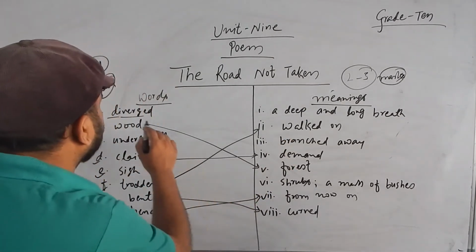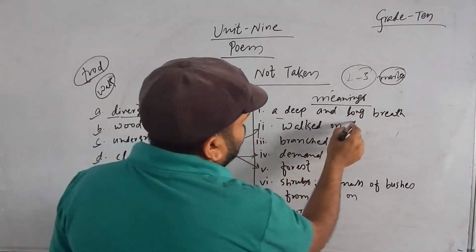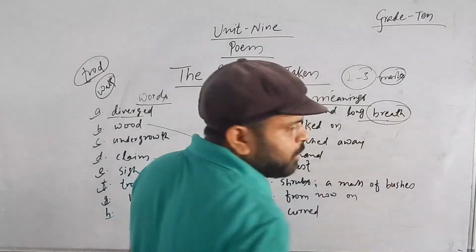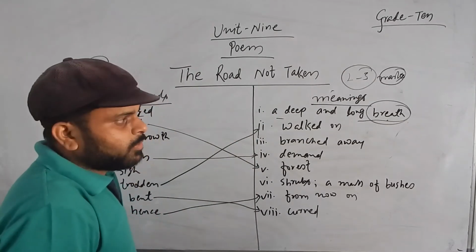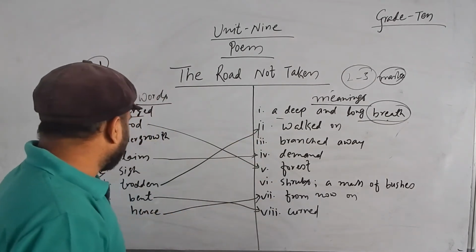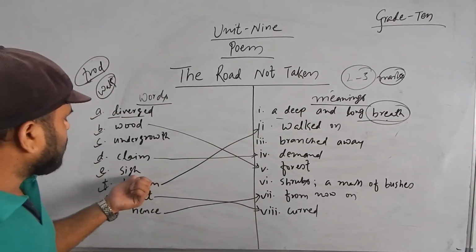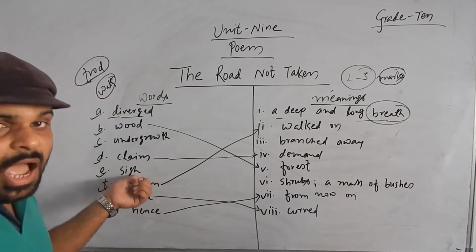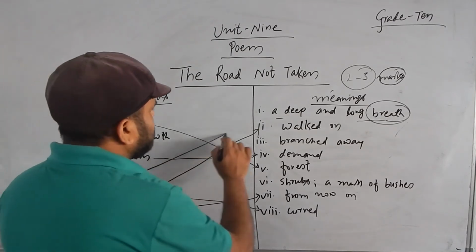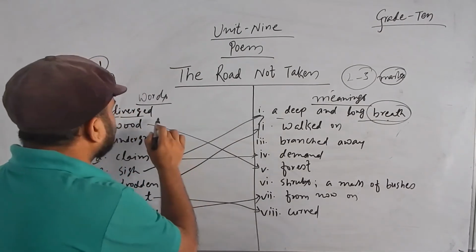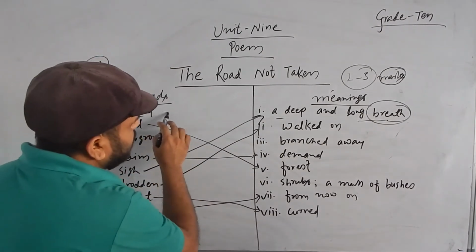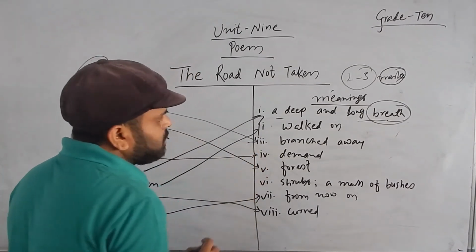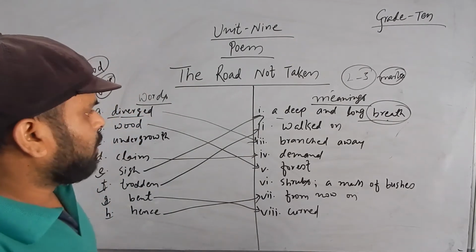Of course, diverged will not be a deep long breath. This word will help you. Breath. It's a long breath. And the word is matching here. Sigh. S-I-G-H. Sigh. And the final word you have, diverged, is the left option, that is branched away.